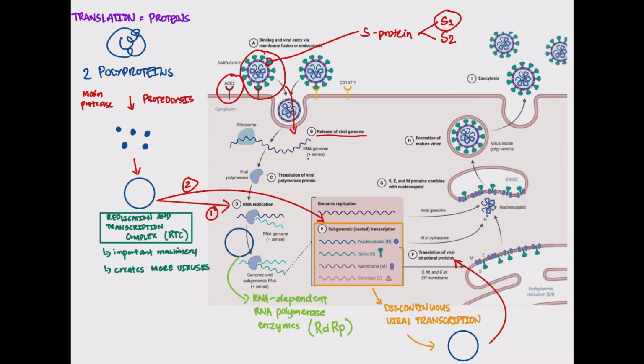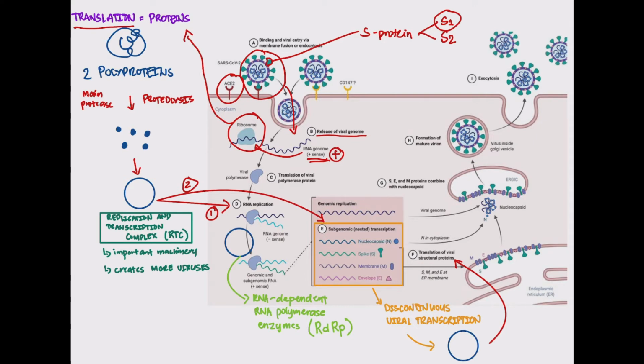This mRNA is a positive sense single-stranded mRNA, which means that it is ready to be read right away by the host ribosome. When the mRNA goes through the host ribosome, this process is called translation. Translation gives us protein as this mRNA is being read.